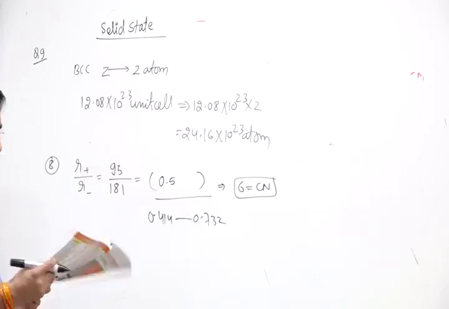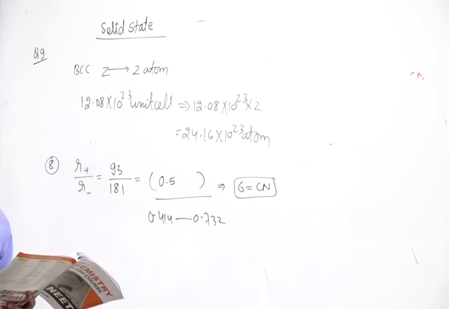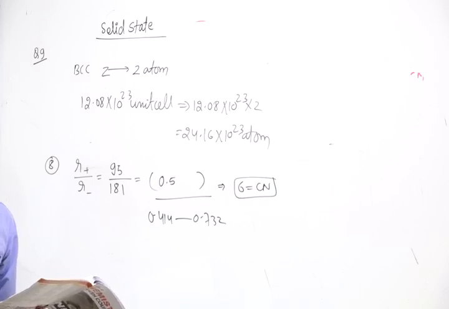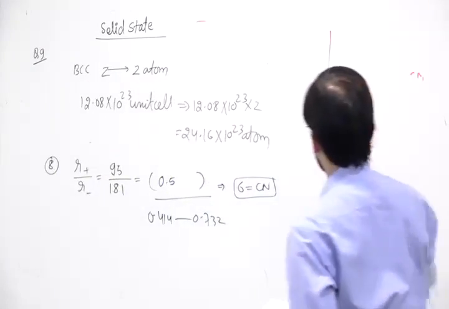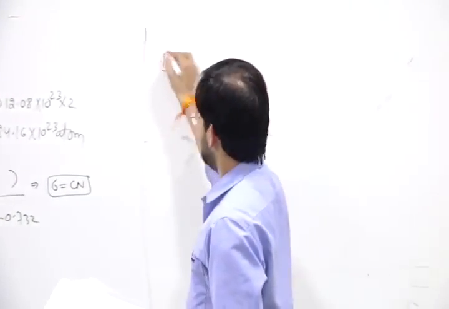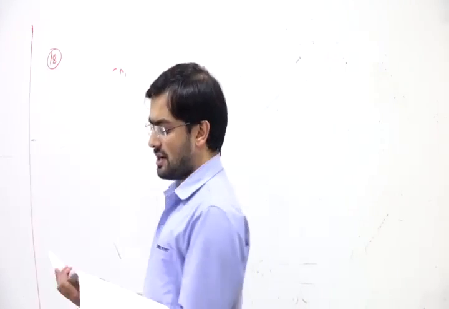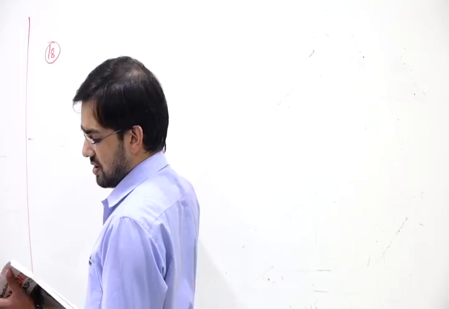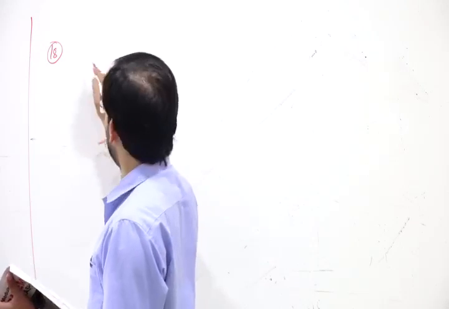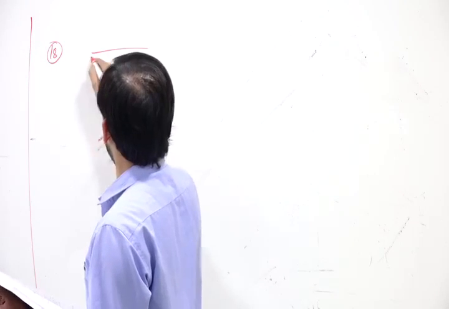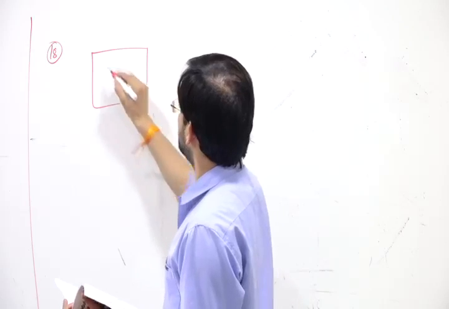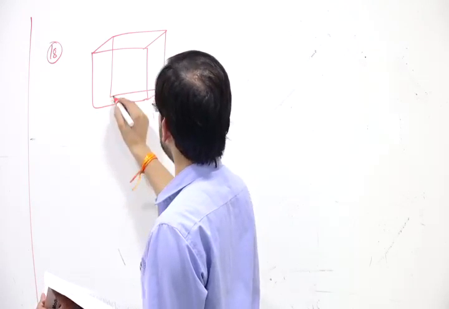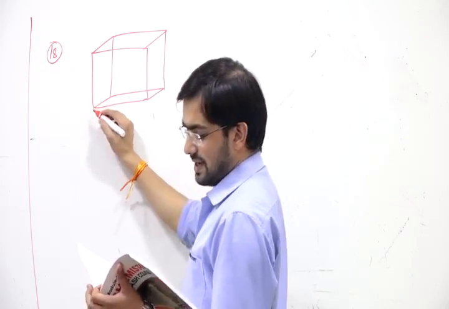Question number 18 also. Question number 18 is, okay, in a face center, this question is good. Try to understand this question. In a face-centered cubic arrangement of A and B atoms, A atoms are at the corner of the unit cell. So if you draw a cube for this compound, what they are saying is A atoms are at the corner.